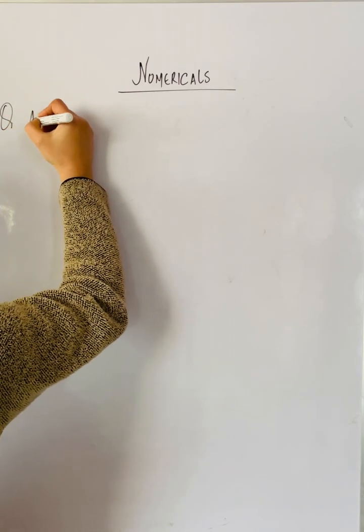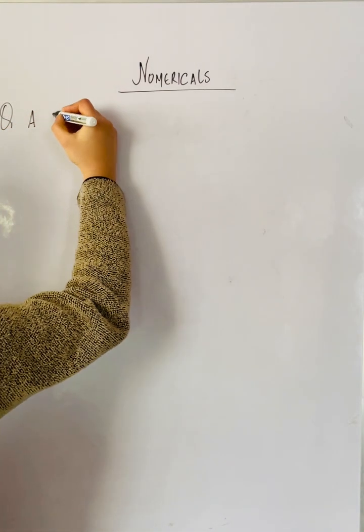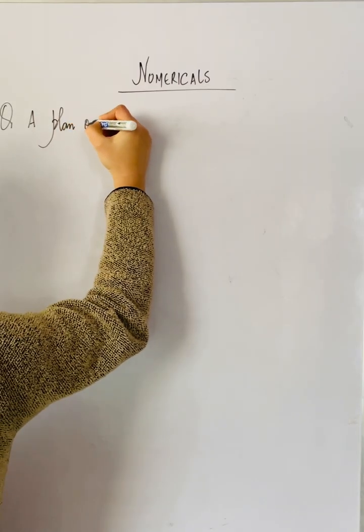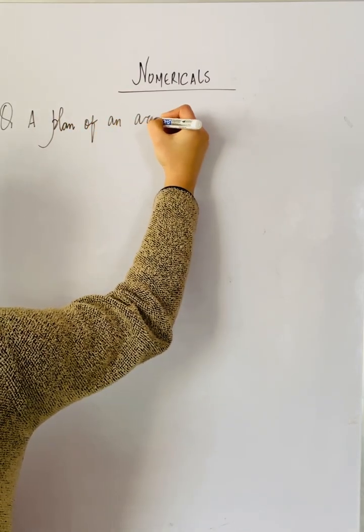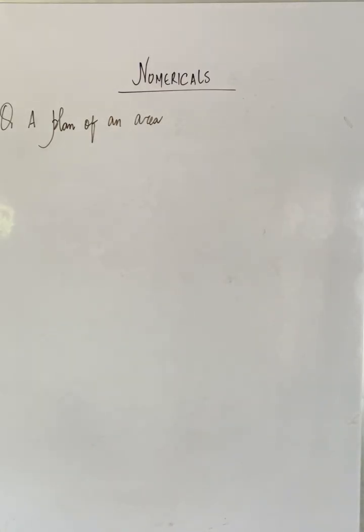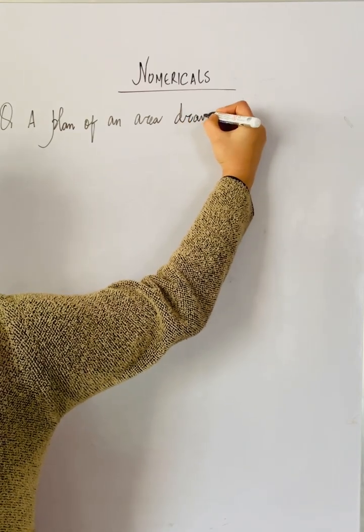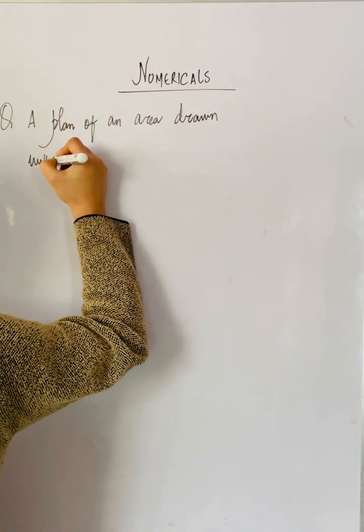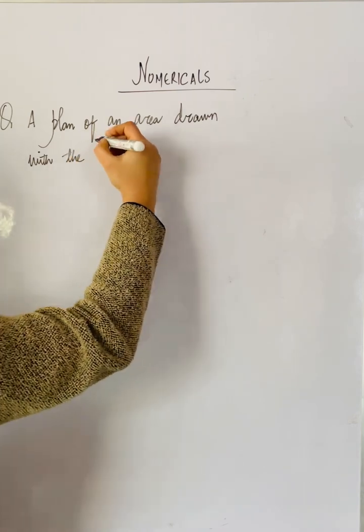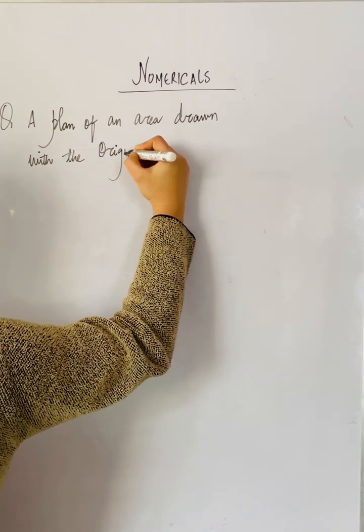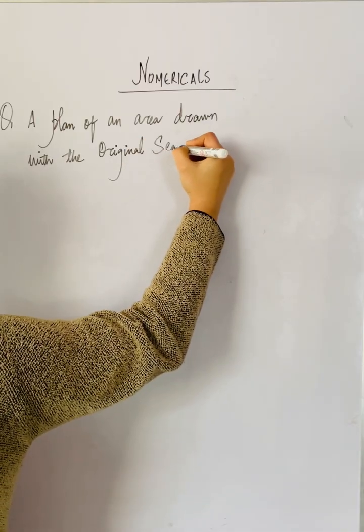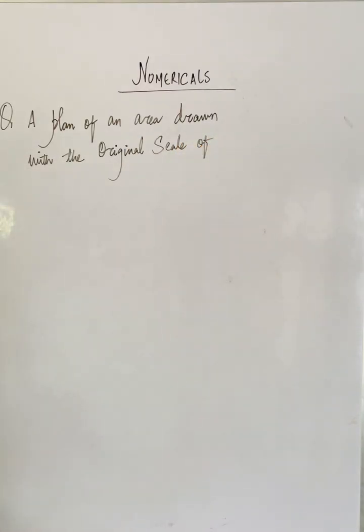Next question is a plan of an area drawn with the original scale of 1 centimeter is equal to 10 meters.